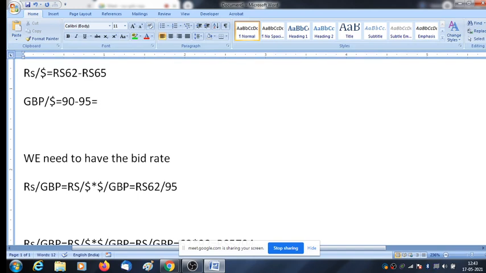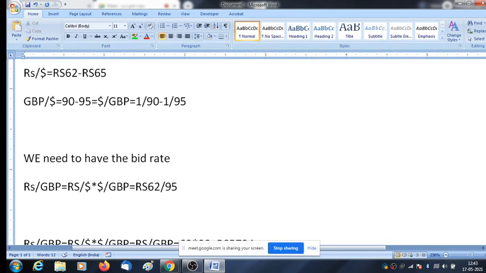Inverse means it will be dollar in terms of GBP, equal to 1 divided by 90 to 1 divided by 95.